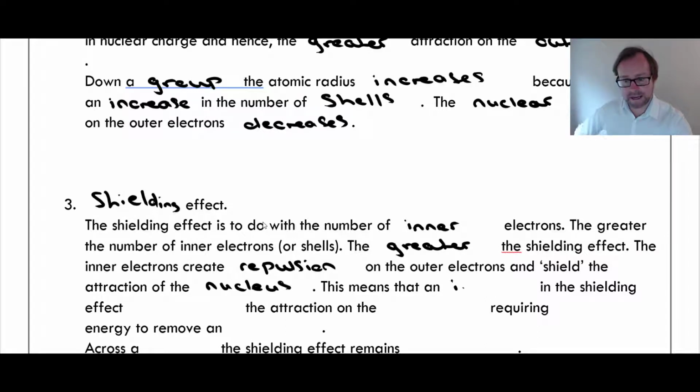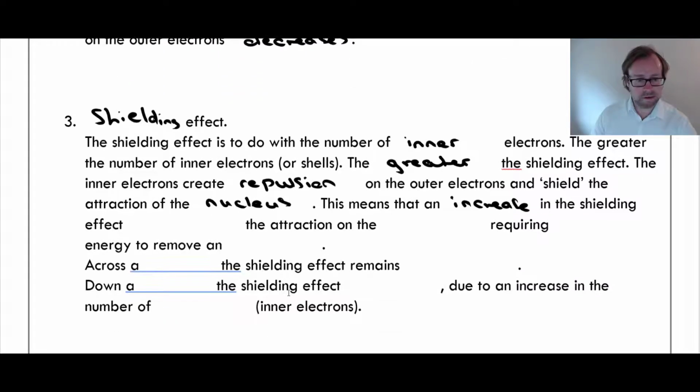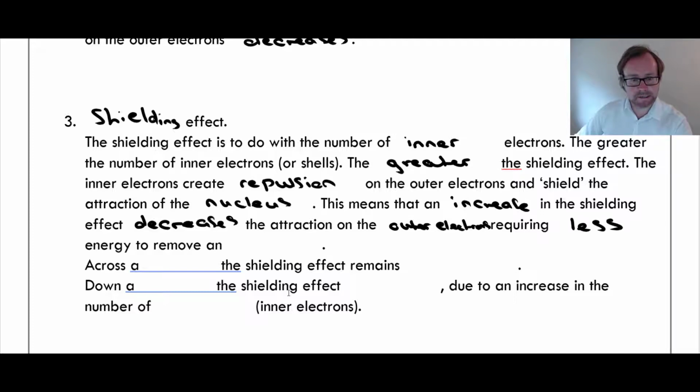This means that an increase in the shielding effect decreases the attraction on the outer electrons, requiring less energy to remove an electron.